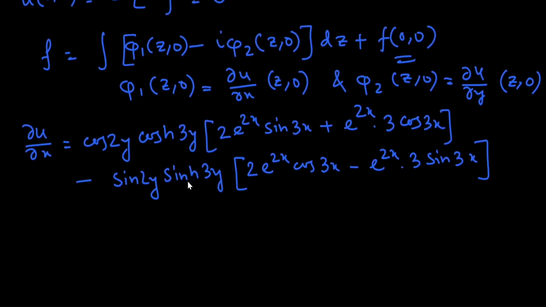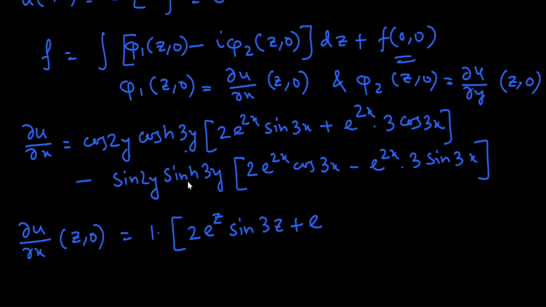Now del u del x at the point (z,0), that means x equal to z and y equal to 0, this gives cos 0 equal to 1, cos hyperbolic 0 also 1, so 1 into e to the power 2z sin 3z plus e to the power 2z cos 3z terms, and minus sin 2y, this means the sin terms are 0, so this is equal to 0.